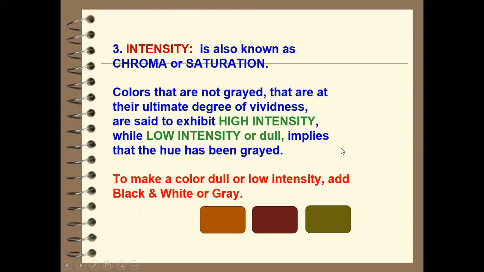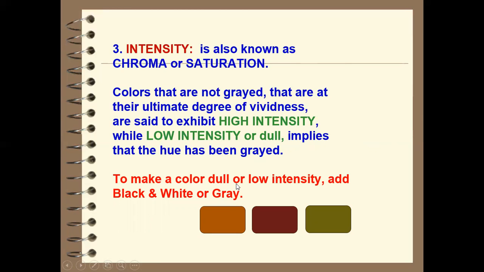So when the color is vivid, meaning that red is really red and blue is really clear blue, then it has a high intensity. But when the color is dull or muddy, so it is not shiny or vivid, then it has low intensity or it is dull.